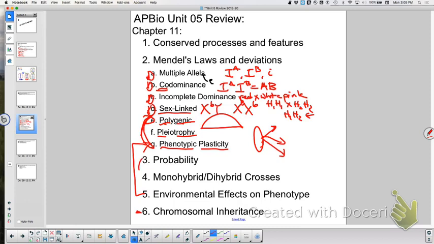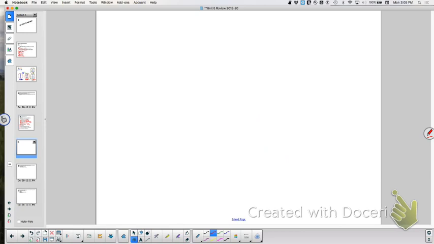We can link 3 and 4 together in probability. Okay? If I had you cross this, what are the odds of this child being born, right?